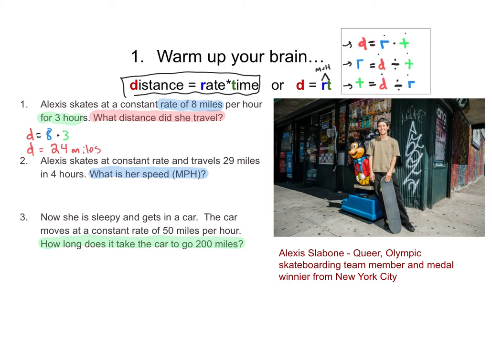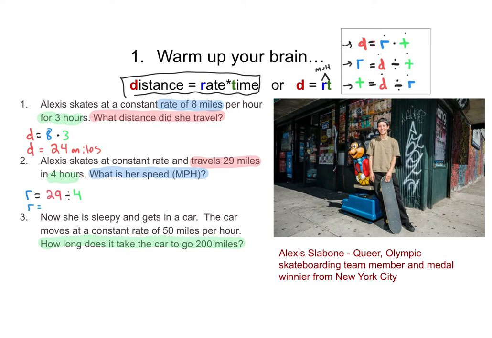All right, second up, we have Alexis, and she is skating at a constant rate, and she travels 29 miles in 4 hours. We want to know what her speed is. And speed, again, here is our rate. What we know is the distance, she went 29 miles, and we know the time, 4 hours. Go ahead and pause it and see how you would set this up and solve it.